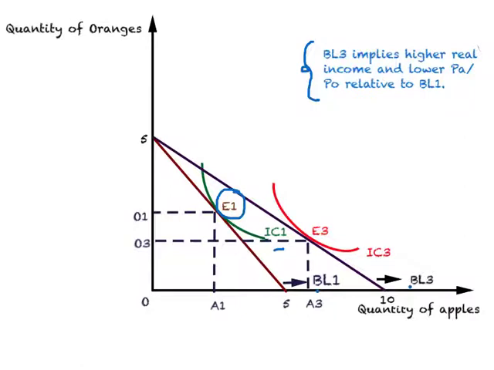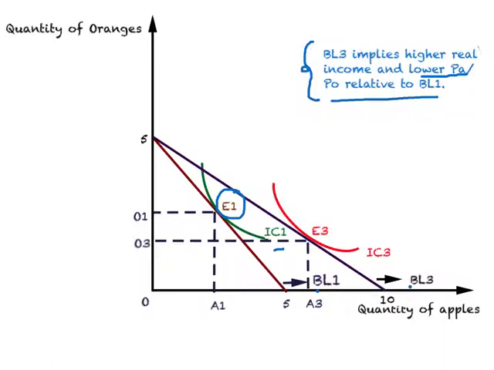BL3 implies higher real income. Why? Because you can see clearly that the area of the triangle implied by BL3 is greater than the area of the triangle implied by BL1. And since BL3 is flatter than BL1, that means BL3 implies lower PA by PO, or in other words, apples have become relatively less expensive.